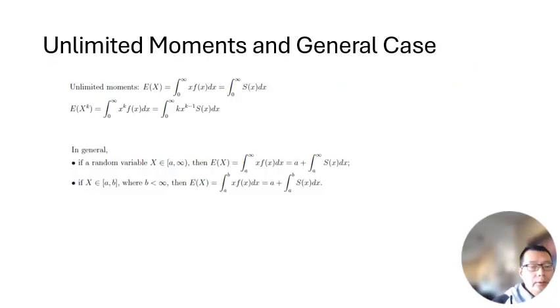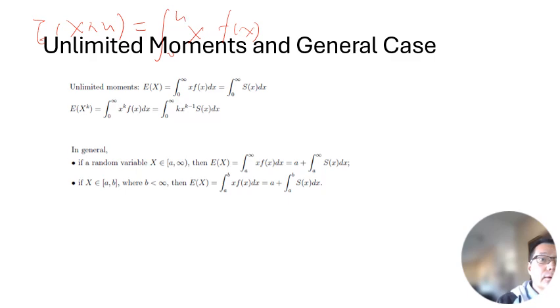Okay, now we are going to talk about a special case when mu is approaching infinity. Just to remind you, previously we were talking about E[X ∧ mu], which we already derived as the integral of x f(x) plus mu times (1 minus F(mu)).